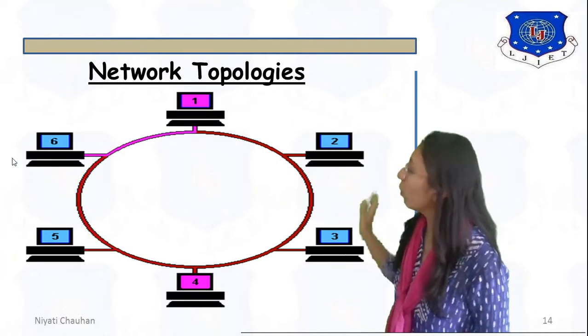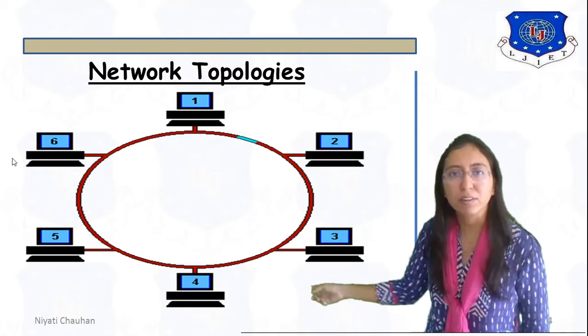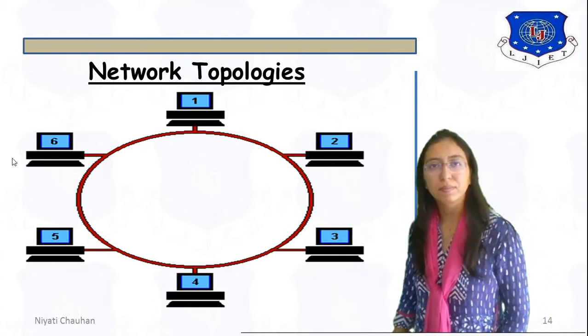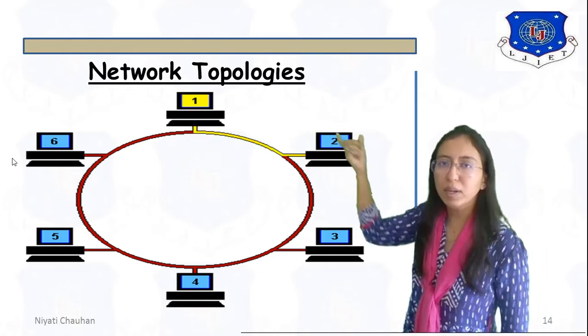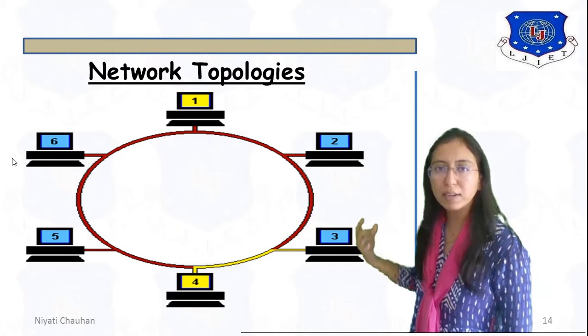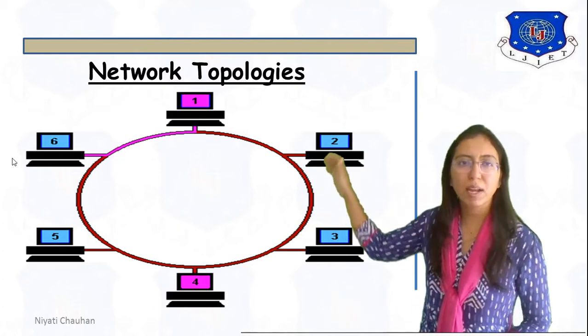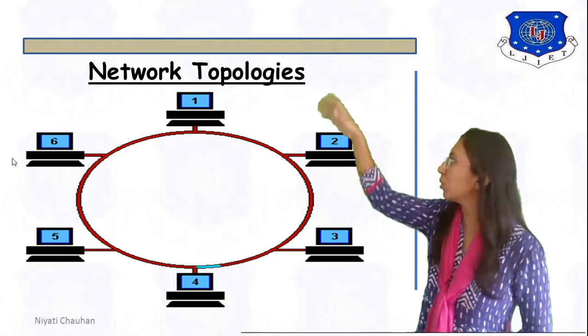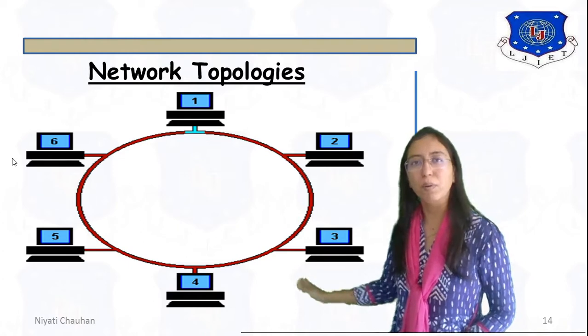In ring topology, we are sending data in the form of a ring. The first computer sends data to the second computer, then third, fourth. Then the data goes to the fifth and sixth computer and returns to the first computer. So this is a ring topology.